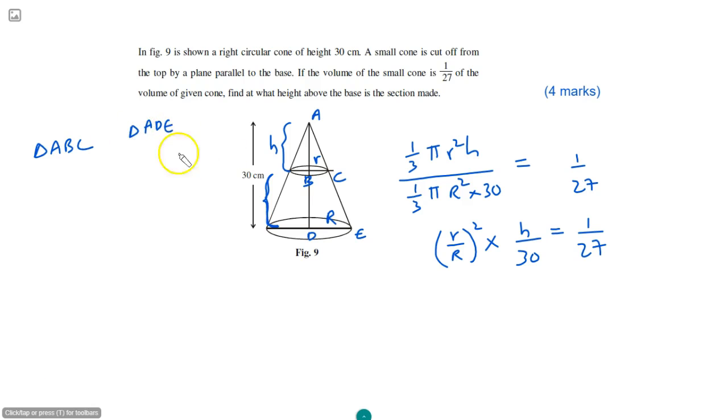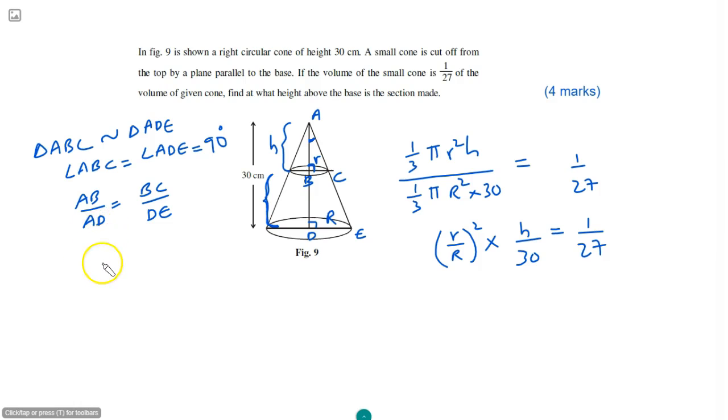They are similar because angle A, this angle, is common for both triangles, and angle ABC is equal to angle ADE, each is 90 degrees. This angle is a right angle, right? Okay, so these two triangles are similar, and we can write AB by AD is equal to BC by DE.